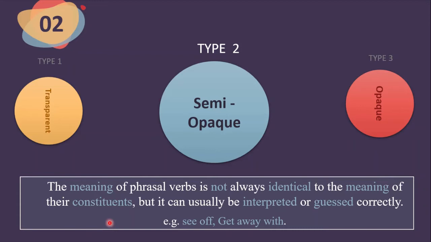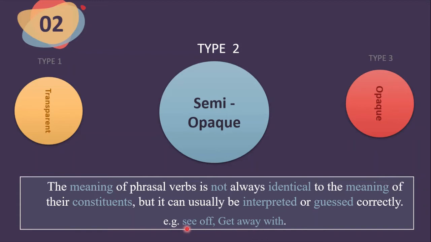Of course, you should have knowledge or familiarity with the word elements of the phrasal verb, like see and off in the example here, or get away with, which has three elements. So we can say its meaning is not 100% identical to its components' meaning, but in the end it's guessable.